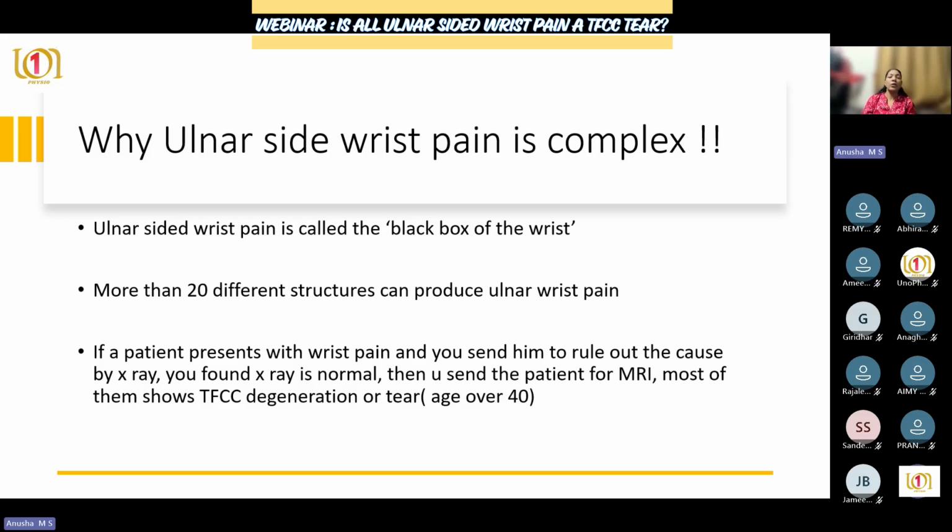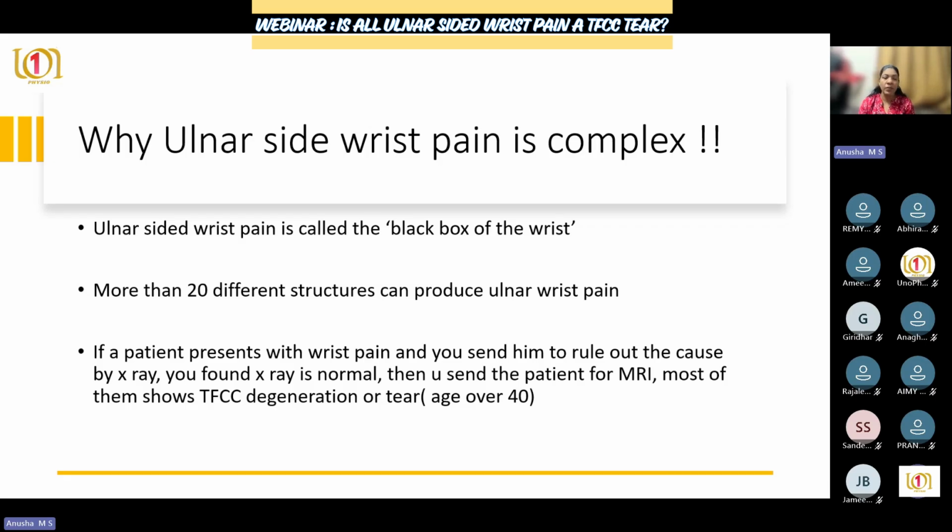If you get a patient with ulnar-sided wrist pain, may it be a housewife, a sports person, or any normal worker, you clinically assess the patient, and then you send for an X-ray. If the X-ray comes back normal, then you suspect a TFCC injury.